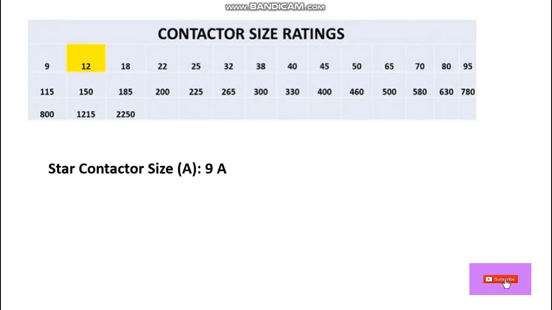So generally the sizes start from 9 ampere. If any manufacturer of switchgear, like contactor make, has a rating below 9 ampere, then we can go below that. If not, then 9 ampere. Okay, always go higher than the calculated value. So the star contactor size is 9 ampere.